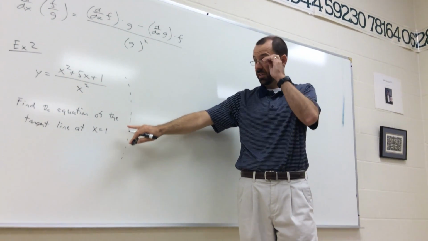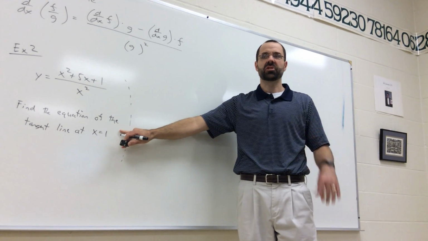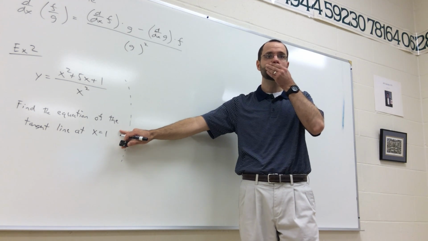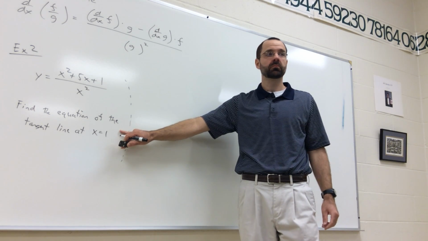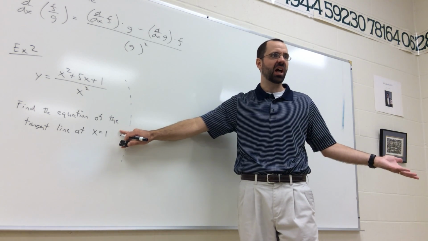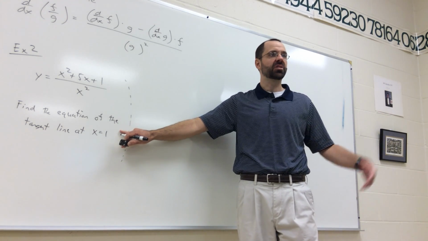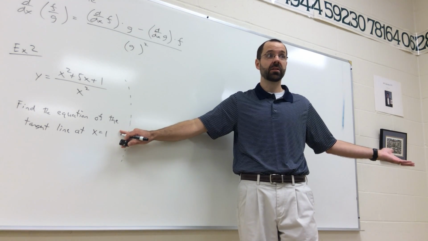Okay, so if you're going to find the equation of a tangent line, what is your final answer going to look like? If you're looking for the equation of a line, how do you go about doing that? Yeah, it's going to be something with y equals mx plus b, right? That's how you write the equation of a line.